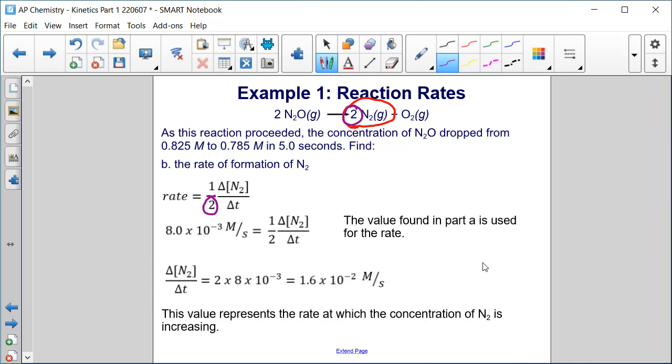Okay, this right here is the rate of formation, or the rate of appearance, this change in concentration with respect to time. So all we do is multiply by 2, because we have a 1/2 here. 2 times 8 times 10 to the minus third is 1.6 times 10 to the minus 2 molarity per second. This value represents the rate at which the concentration of N2 is increasing.